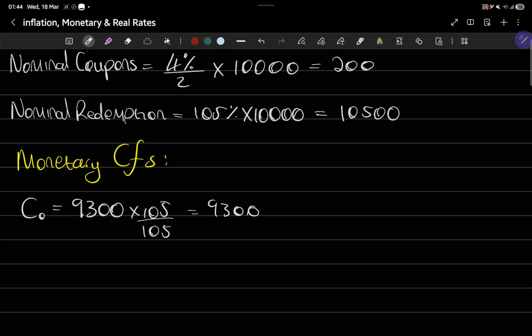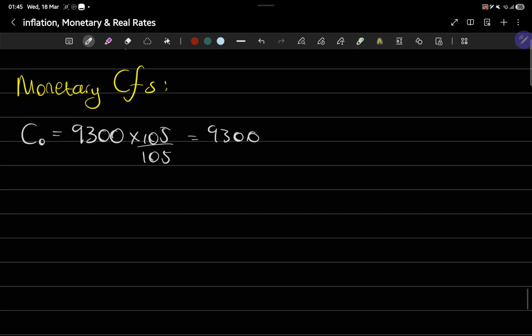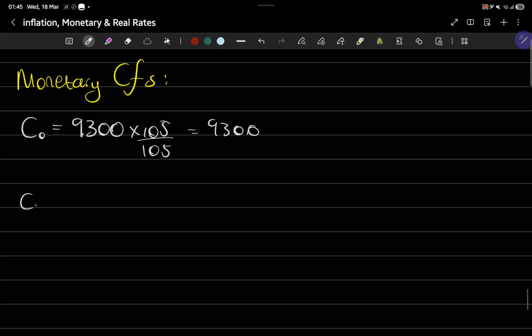This is why I said this is already a monetary and a real value, because any value at time 0, at the present time, is a nominal, monetary, and real value all at the same time. I don't know why it just works, so let's just use what works.